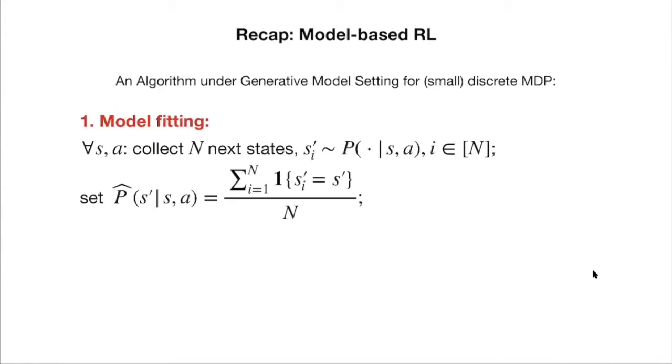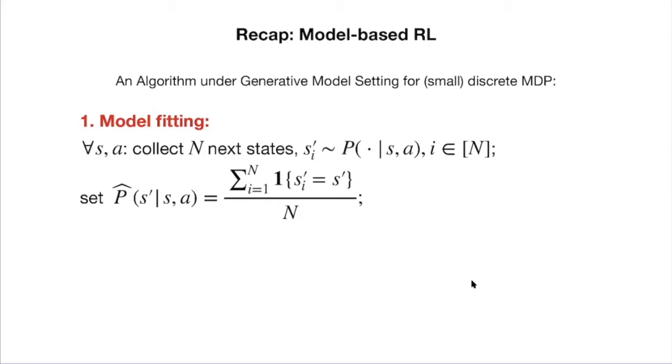So then using this property, we design an algorithm that has two components. The first component does model fitting, right? In other words, let's use the reset ability, right? So we're going to write a for loop again, because this is a discrete small Markov decision process, right? We can do that. So for all state action pairs, let's reset the system to S, A and observe the next state, right? And then let's reset the system back to S, A again, observe the next state again, and reset, observe the next state, and so on and so forth.